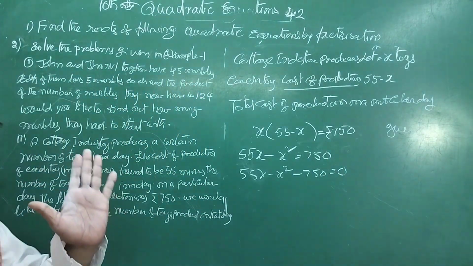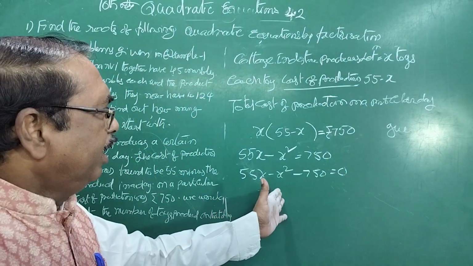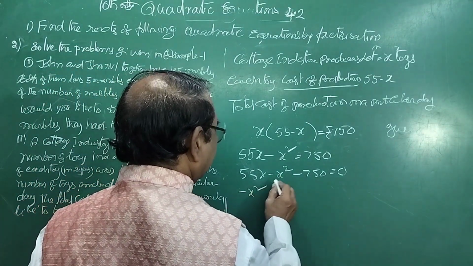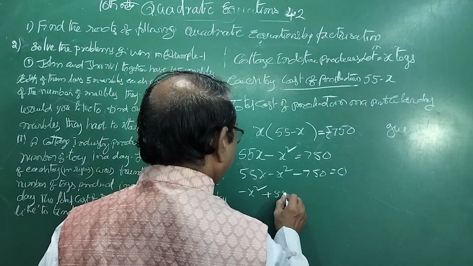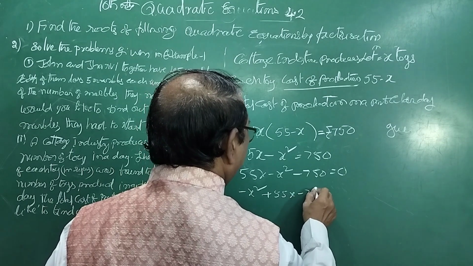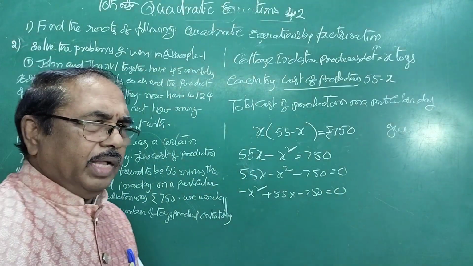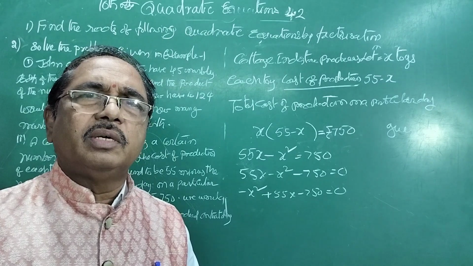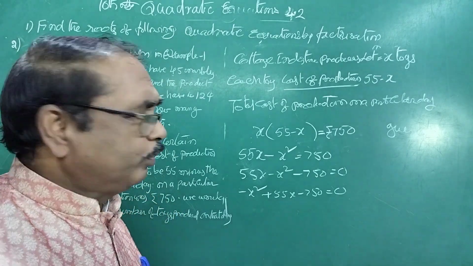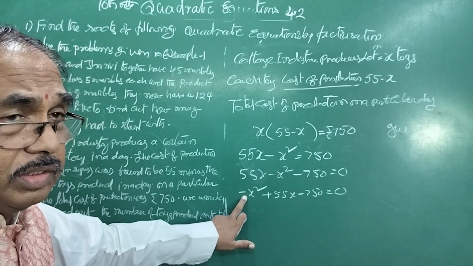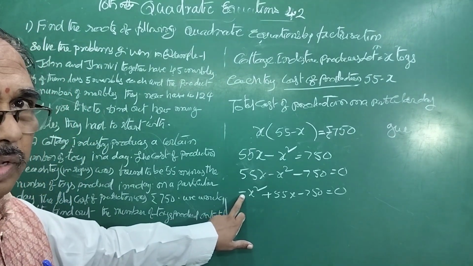But it still looks odd. First we have to write minus x square, next 55x, minus 750. It looks odd, because we say only positive ones, but here they look negative.